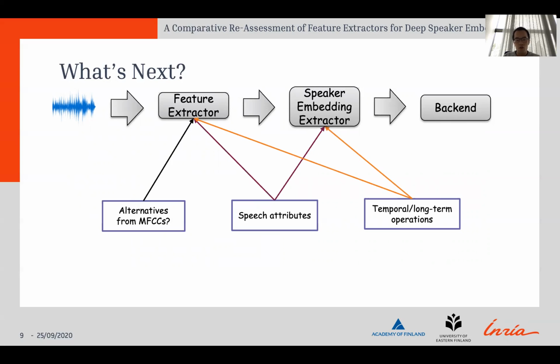Finally, temporal, or long-term, operations are certainly useful for robustness, as we've shown in the last couple of slides, and can be considered and extended in a similar way, not only for features but also for extraction modes. As a benchmarking work, we believe it will open a bunch of new directions and bring fresh ideas from old features to the community. Please feel free to discover more using this paper as a starting point.